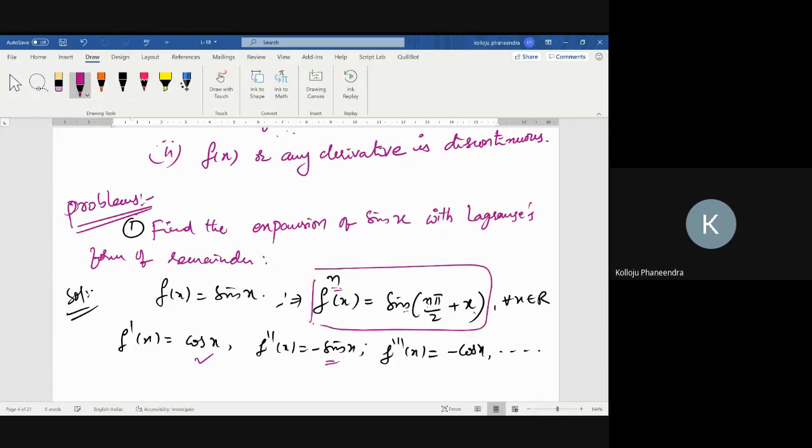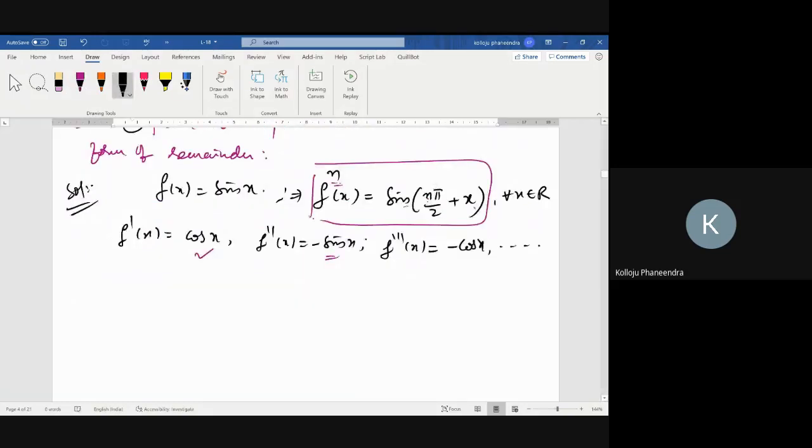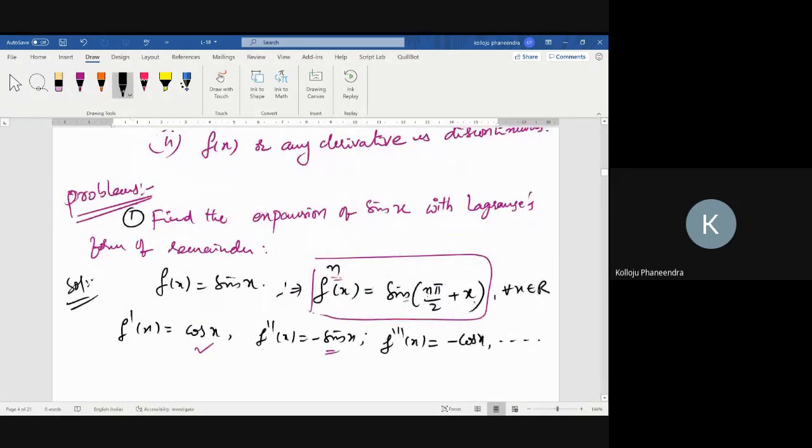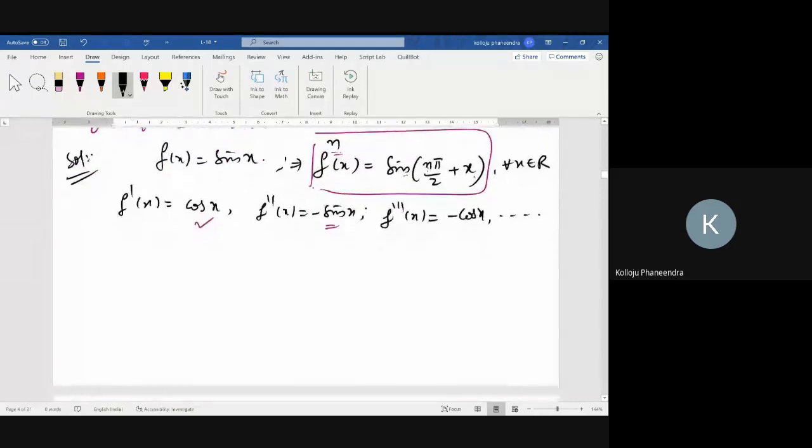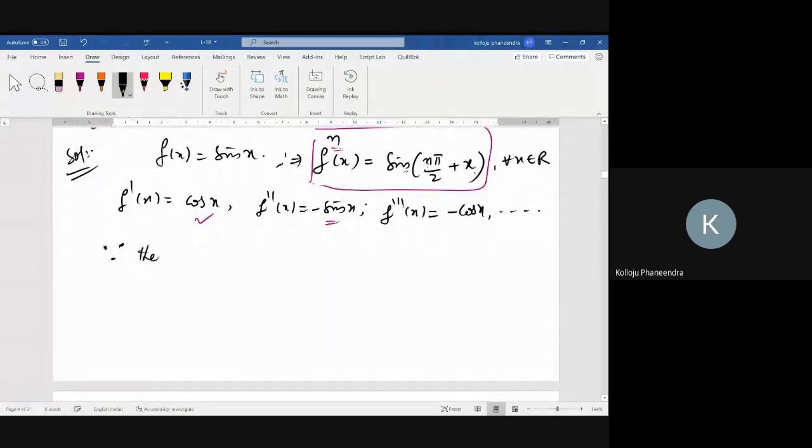Then first write Taylor's theorem with the Lagrange's form of remainder. Since the point is not given, take a equal to 0. If it is not given, it means we have to expand the series about the point 0.